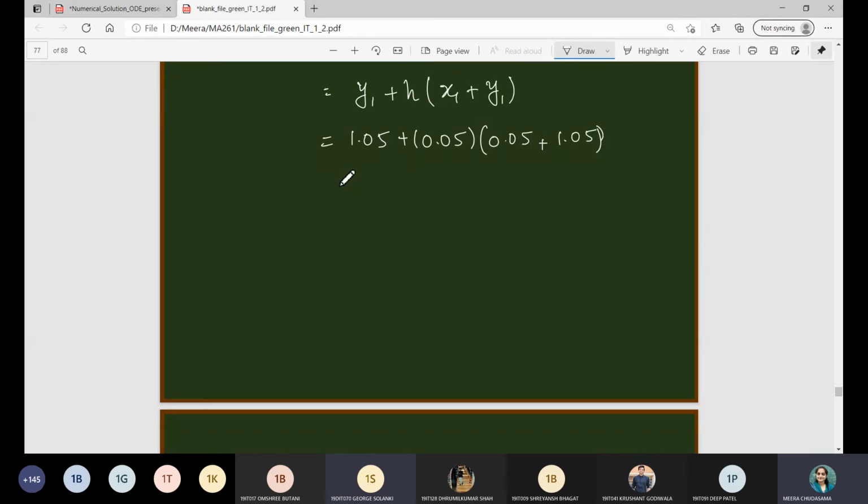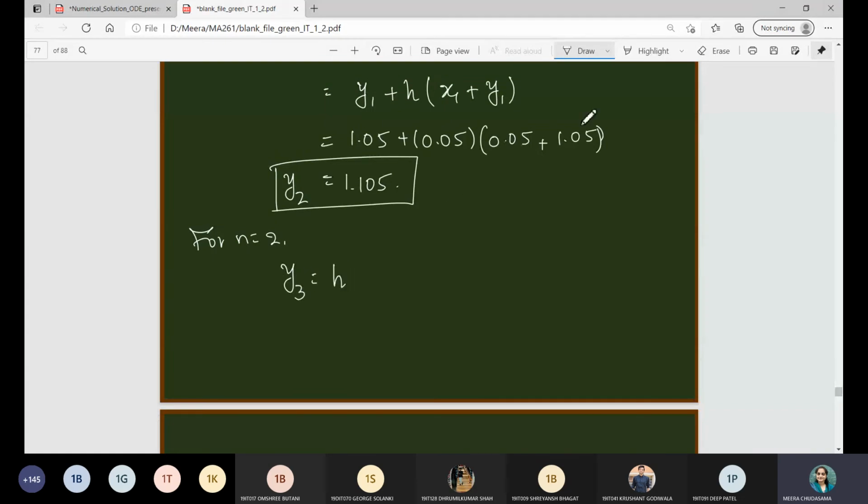So what will be the final answer? 1.105. Yes, 1.105. So this is y2. Note it. For n is equal to 2, y3, by the formula, is y2 plus h f at x2, y2.